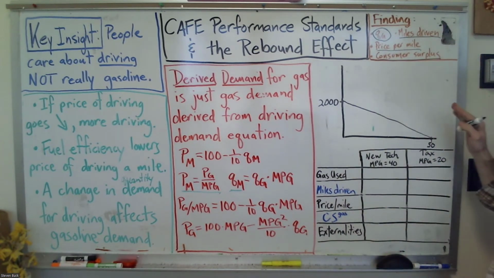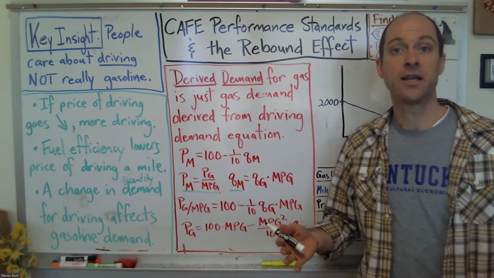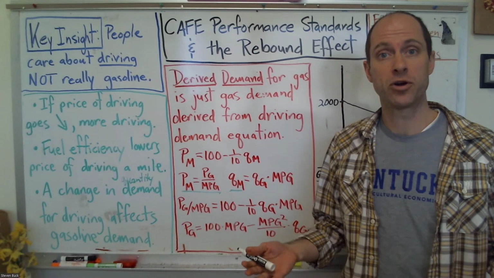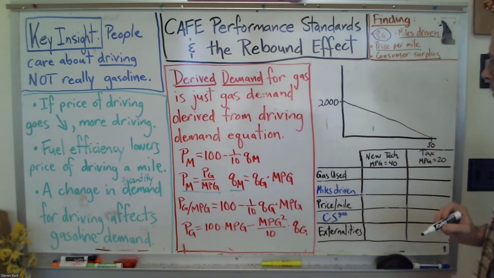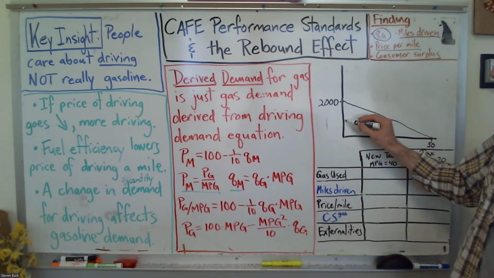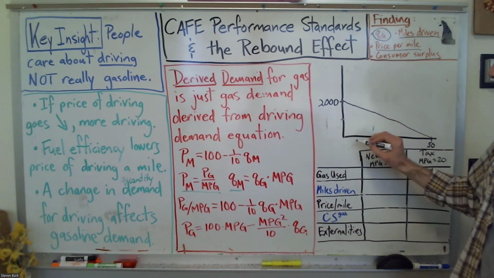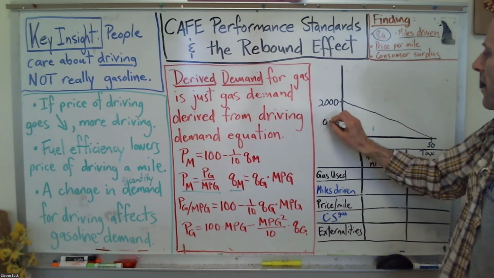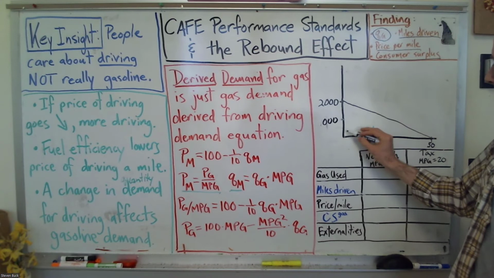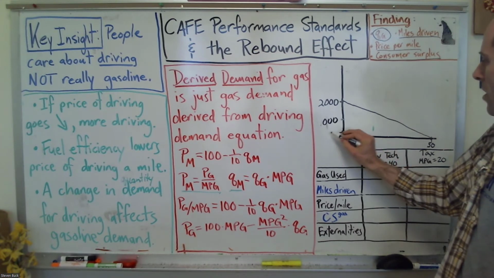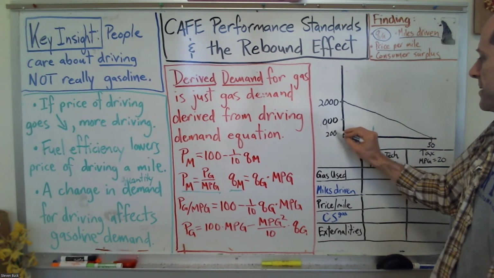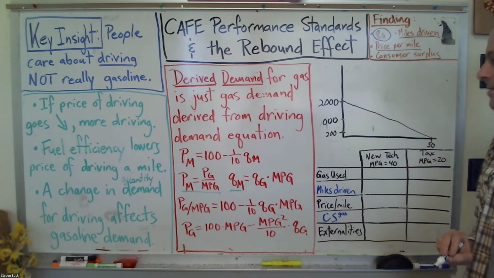To figure out the quantity demanded, we need to assume some price. So let's say the price of gasoline is 200 cents per gallon. Well, on the y-axis, let's say this is about 1,000, we're going to get 200 cents per gallon, right about there.